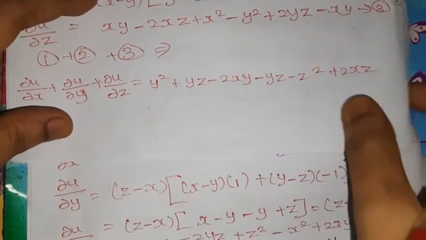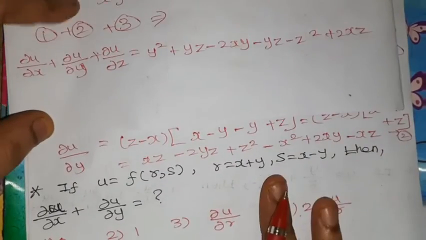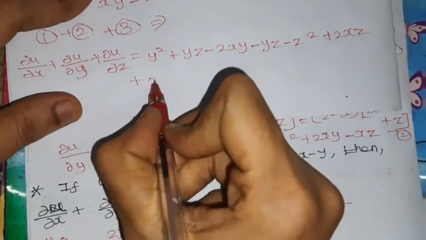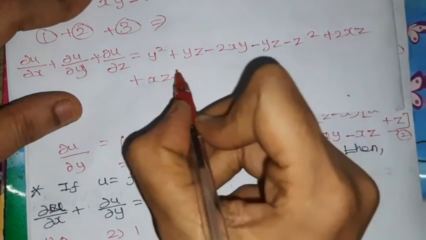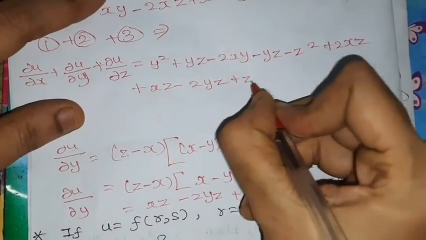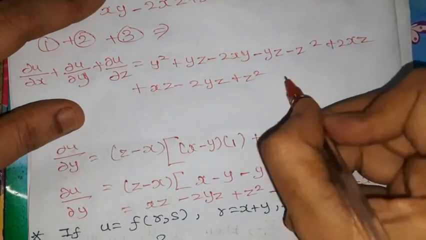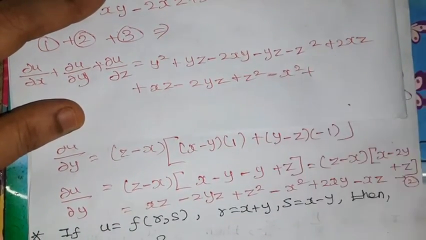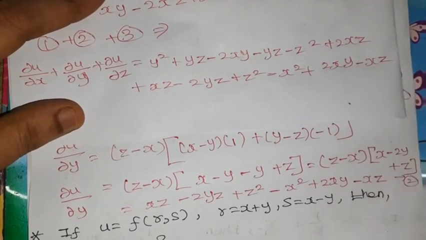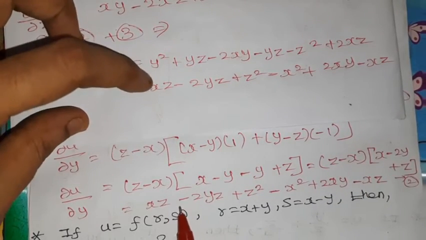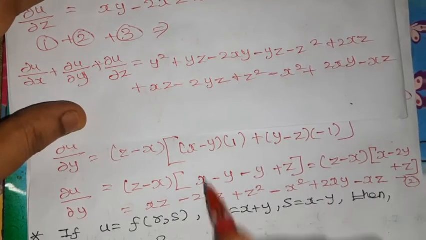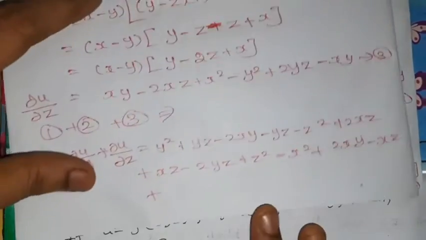Then what is equation 2? This one, plus adding now, plus xz, just copy down, minus 2yz plus z squared minus x square plus 2xy minus xz, right? xz minus 2yz plus z square minus x square plus 2xy minus xz, plus equation 3.